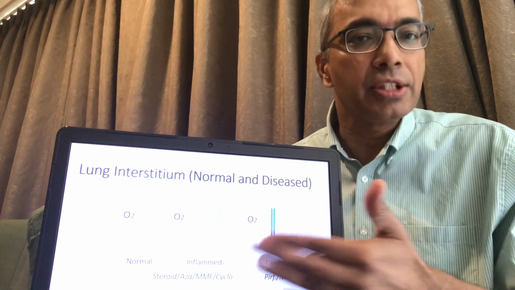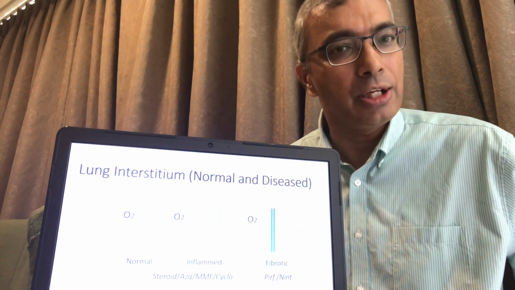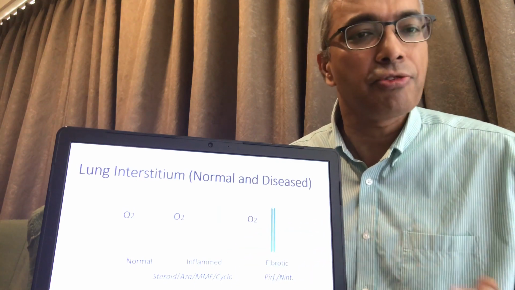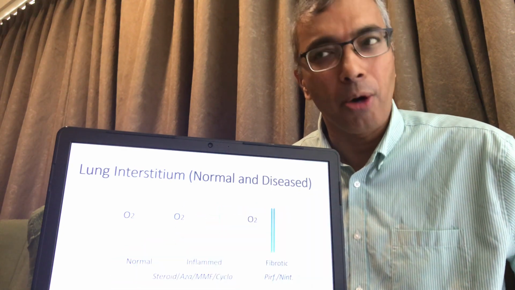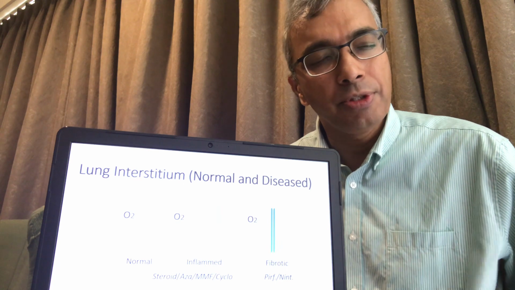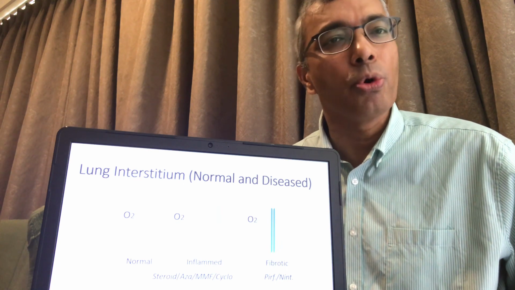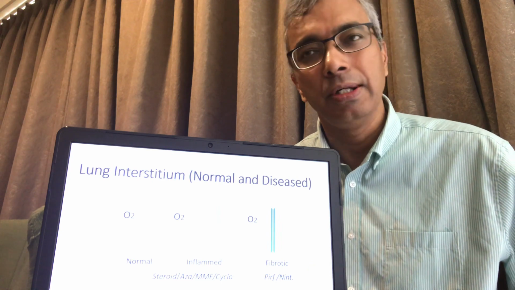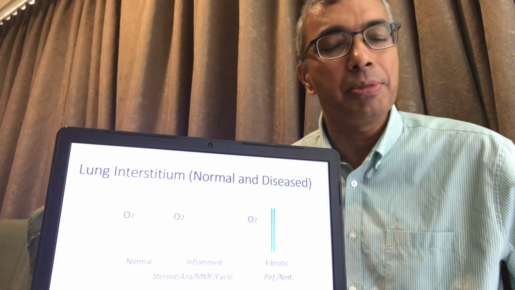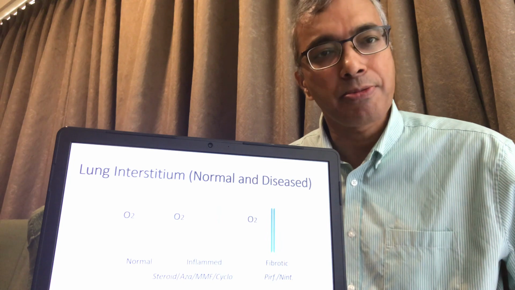So if the interstitium is inflamed, and your doctor will tell you that, you can treat it. If your interstitium is fibrosed, then there is no drug to currently bring it back to normal. And so you have to give a medicine that will slow the progress of the fibrosis, which is an anti-fibrotic drug, pirfenidone or nintedanib. So this basic must be understood.